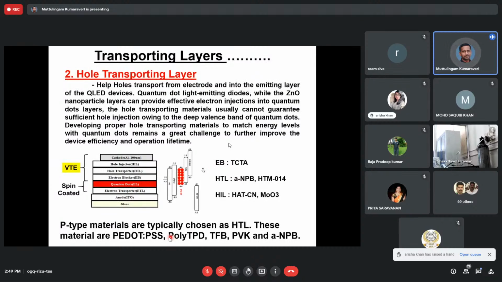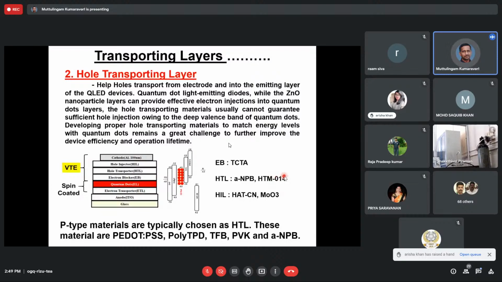If we use the conventional method, we can use PEDOT, because PEDOT is normally a solution process one. Poly-TPD is a hole injecting or hole transporting material; PEDOT:PSS can be used, and poly-TPD, TFB, PVK. These are the polymers.